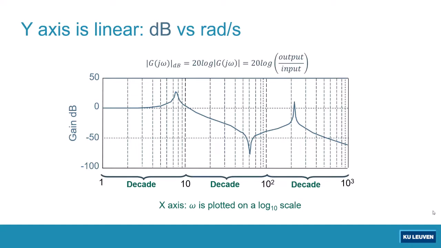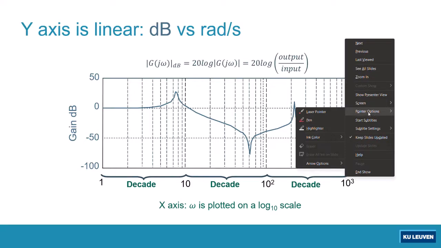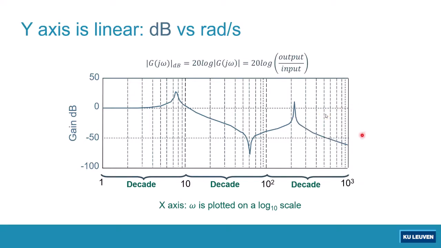This is a typical example of a magnitude plot in our Bode diagram. Let me switch my cursor to a pointer here. As you can see here, the domain is, as I have already mentioned, presented in frequencies.